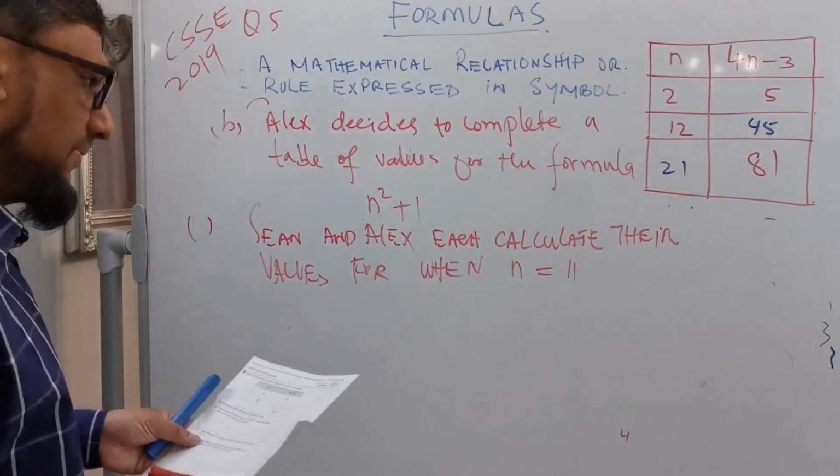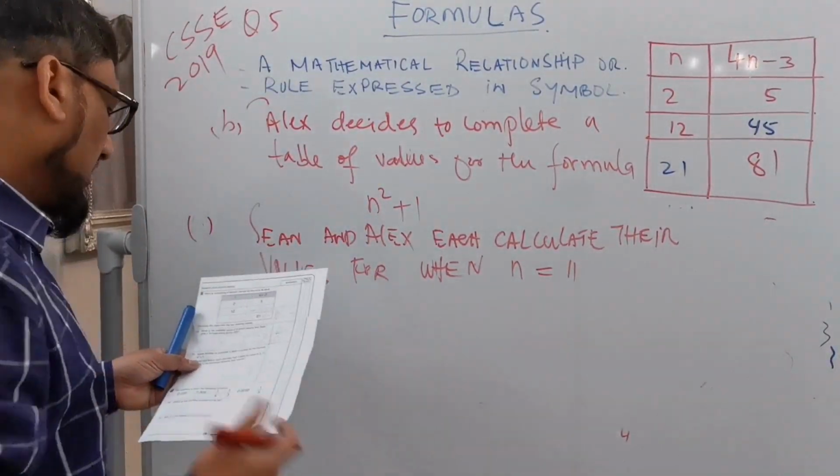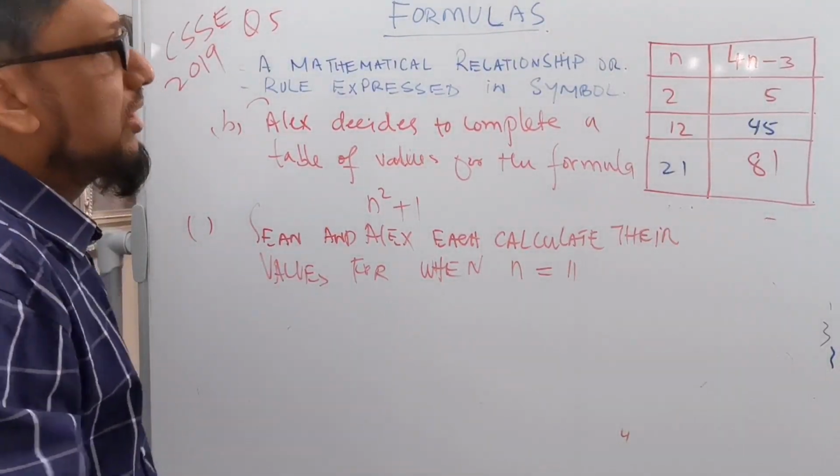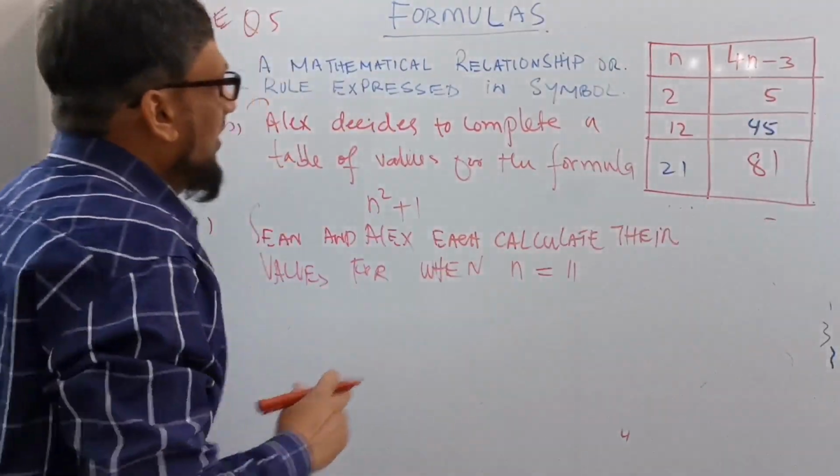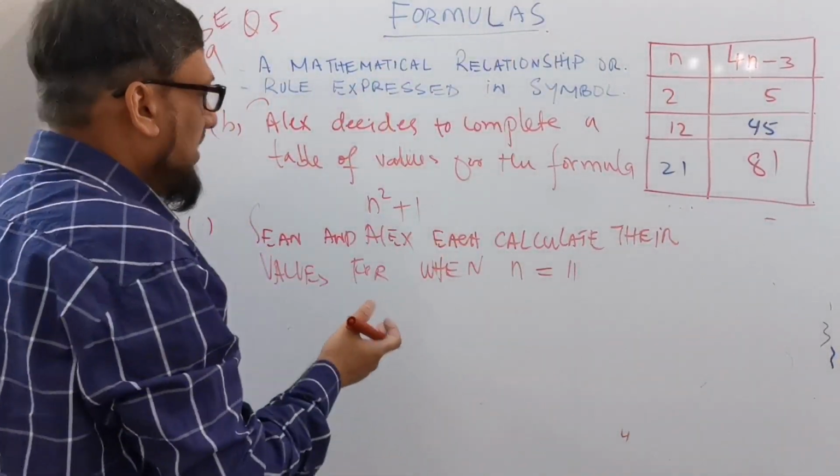So n is 11. What is the difference between their values? Both have different formulas.